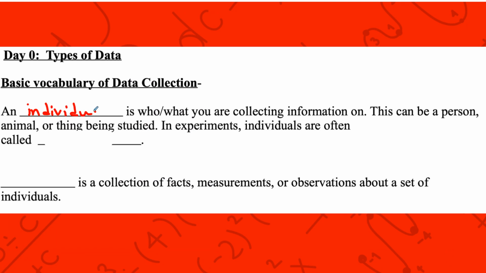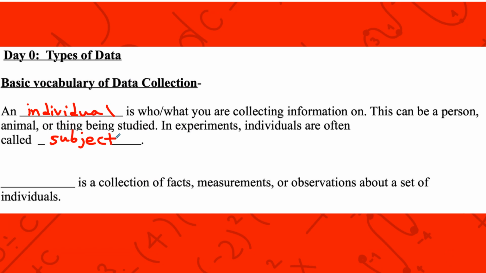An individual is who or what you are collecting information on. So this can be a person, an animal, or a thing being studied. In experiments, individuals are also often called subjects. So they might be the subject of some experiment.